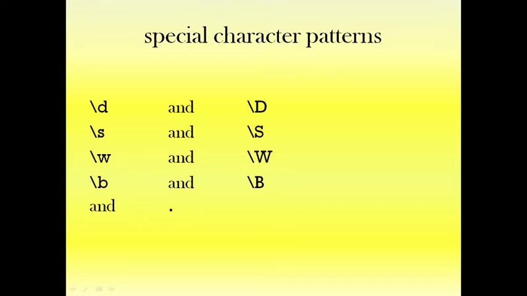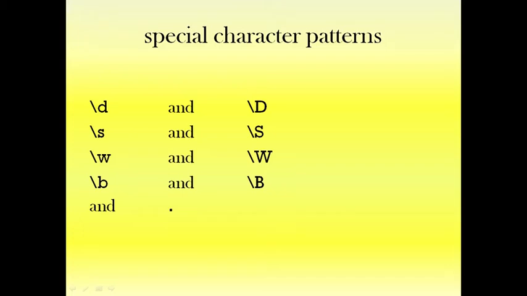So we have a lowercase d, which stands for digit, and we have the uppercase D, which is the opposite of digit. So digit will match any number, any digit, and uppercase D will do the opposite. It will match something that's not a digit. S stands for space, so we have lowercase s for space, uppercase S for anything that's not a space.